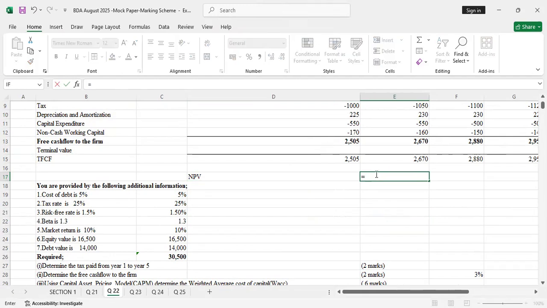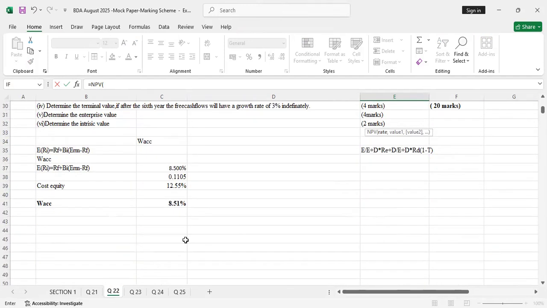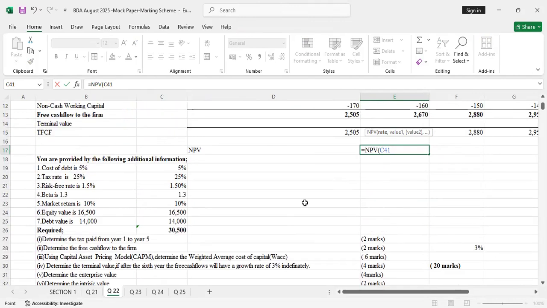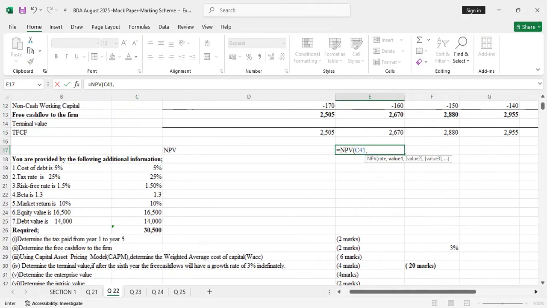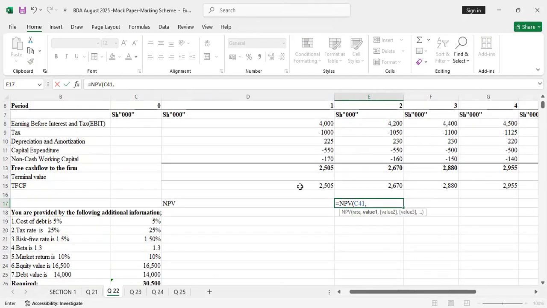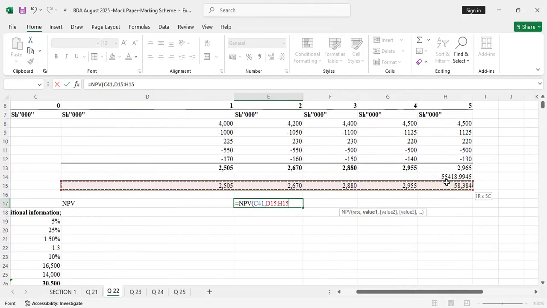So what will be the net present value? We'll say equals, just use the format for the NPV. The rate is the WACC, 8.51%. Then comma, you pick those values the way they are, the total free cash flow to the firm. We start from year 1 all the way up to the last year.